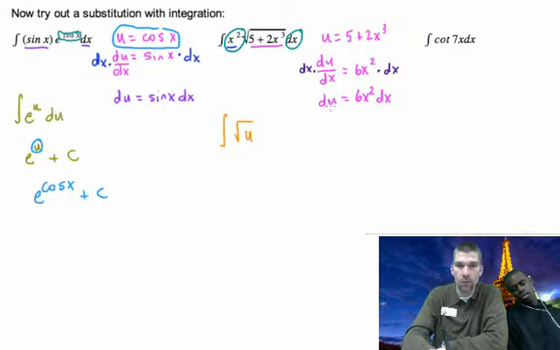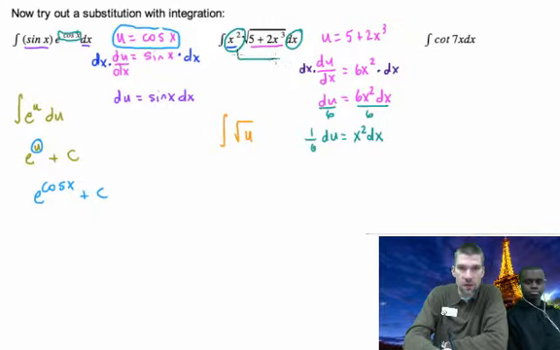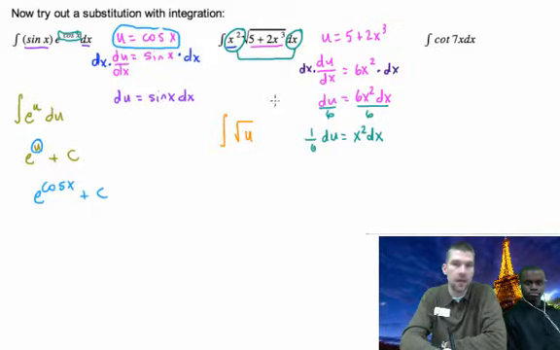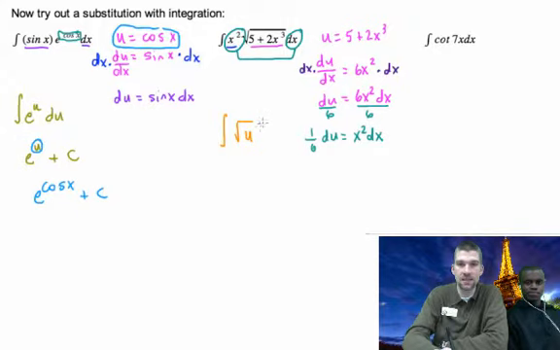And if you look where we have du equals 6x squared dx, the 6 can't stay over here. So I'm going to divide both sides by 6. And so 1/6 du is equal to x squared dx. Now, this x squared and this dx have an equality statement with 1/6 du.